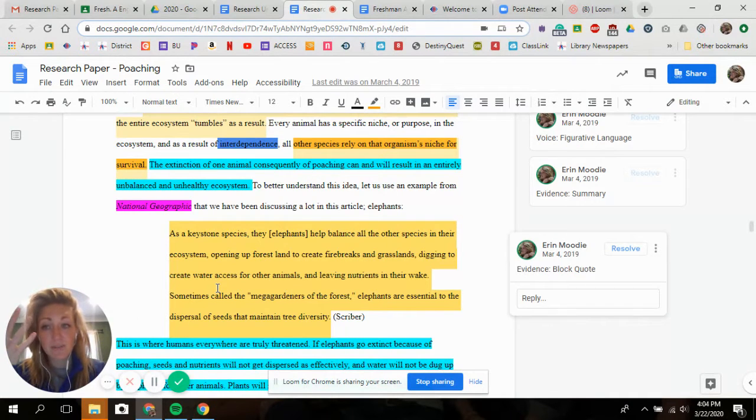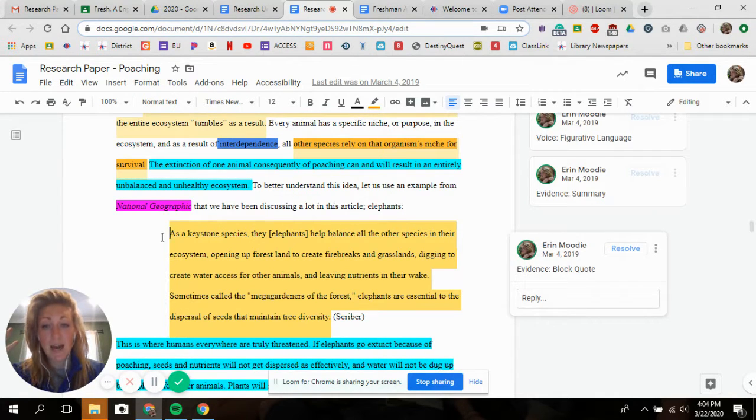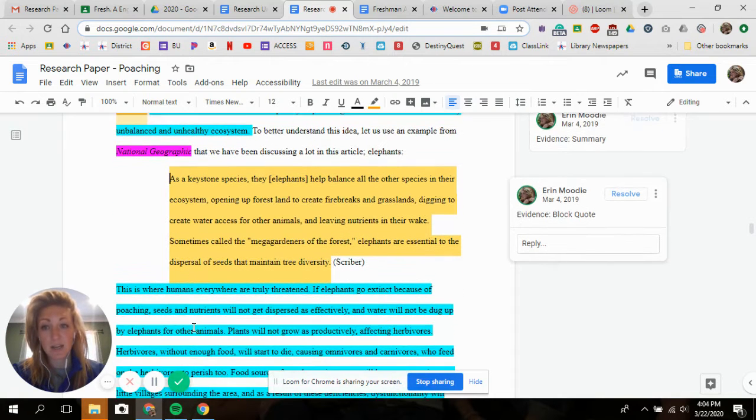And you can do that for anything that's 4 lines or longer, but you can only do 2 block quotes in your entire paper, okay? The weird thing is that they changed the MLA citation on us. You don't put any quotation marks around the entire thing to show that it's a quote. Instead, the block formatting is what shows that it's a direct quote, that these are not your words. You just would use quotation marks like they do here within the quote, just like you see it in your source or web page or whatever it was.